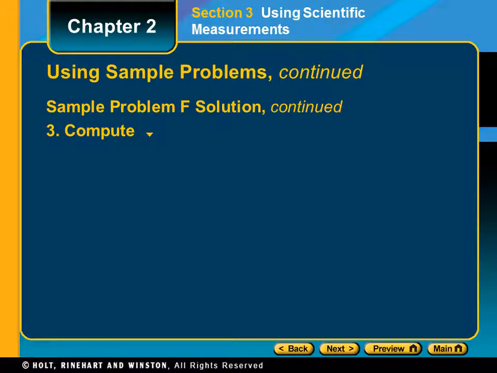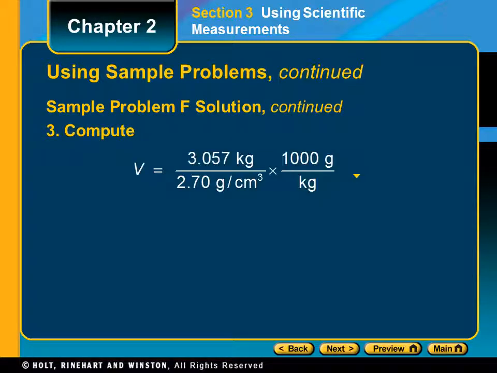Now we compute. Computing is simply doing the math. So you plug in 3.057 kilograms over 2.70 grams per cubic centimeter times your conversion factor, which would be 1,000 grams over 1 kilogram. That has you set up to get rid of the unwanted units. You cancel out grams, you cancel out kilograms, and you're going to have an answer in cubic centimeters, which is a unit for volume.